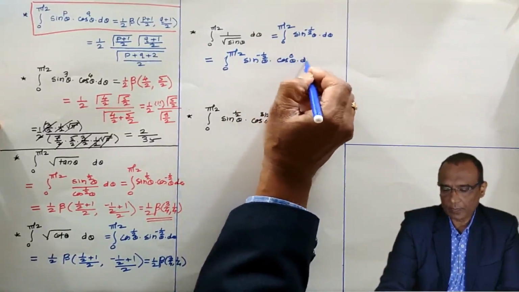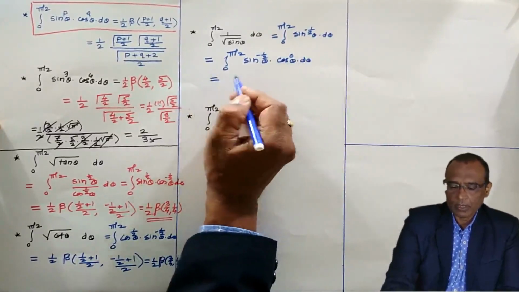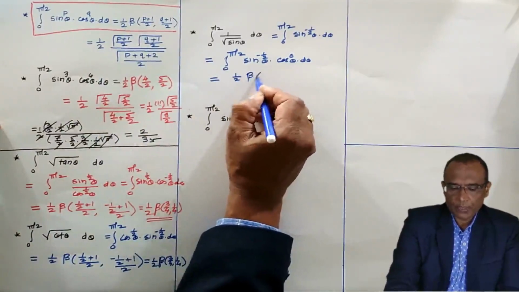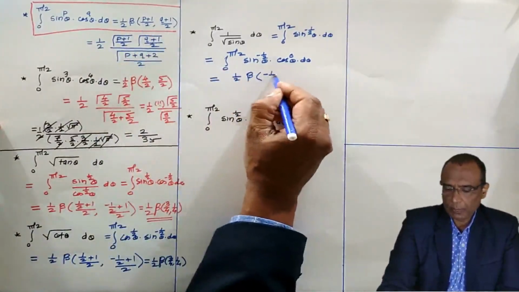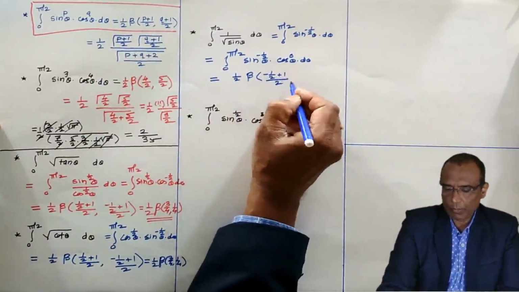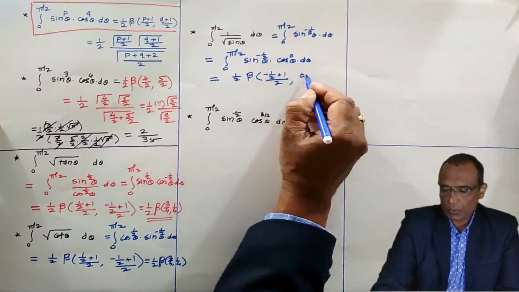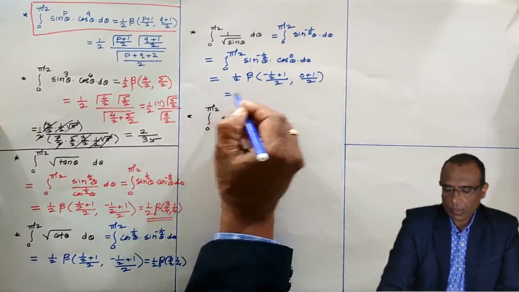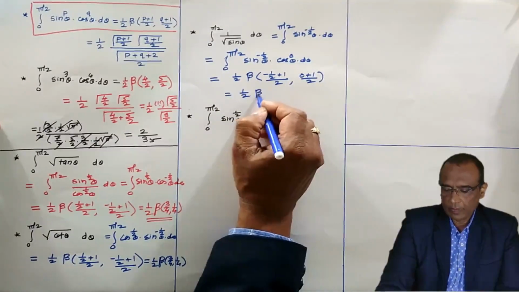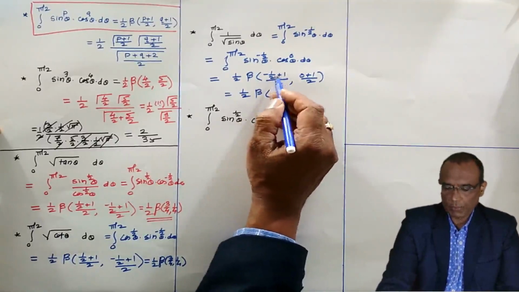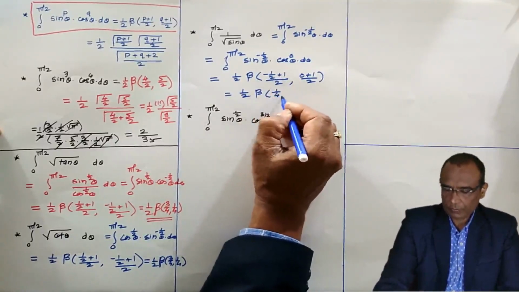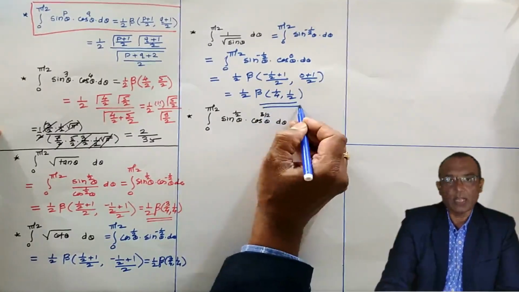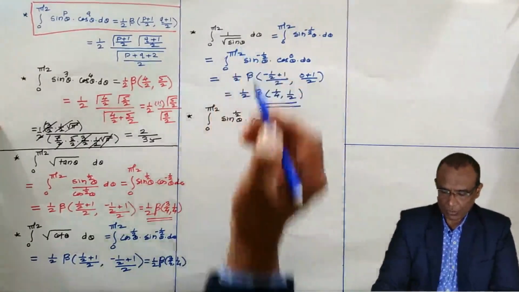Using this formula, 1 by 2 beta of p plus 1 by 2, q plus 1 by 2, where q is 0 plus 1 by 2. Therefore 1 by 2 beta of 1 minus 1 by 2 is 1 by 2, 1 by 2 by 2 is 1 by 4, and this is 1 by 2. So this may be given as an answer of the multiple choice question.